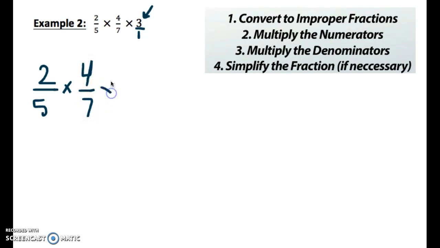And the rule again is tops times tops and bottoms times bottoms. So step number 2, you're going to multiply all the numerators. That's all your top numbers. So we're going to have a 2 times a 4 times a 3.